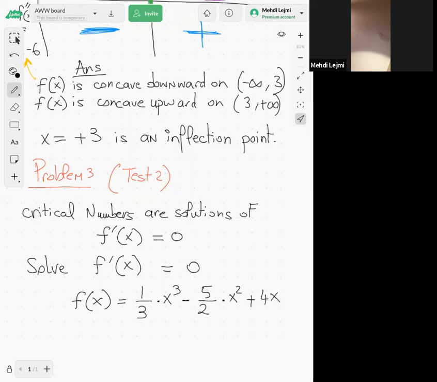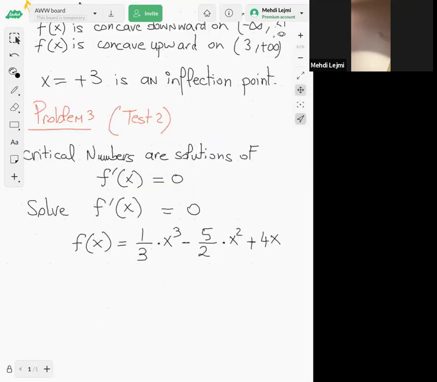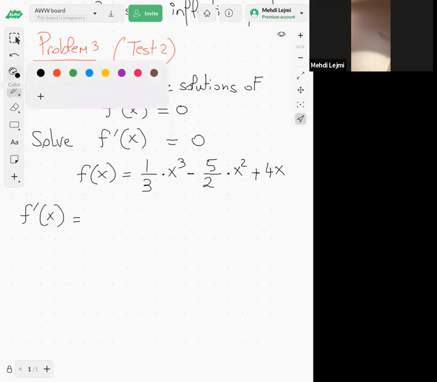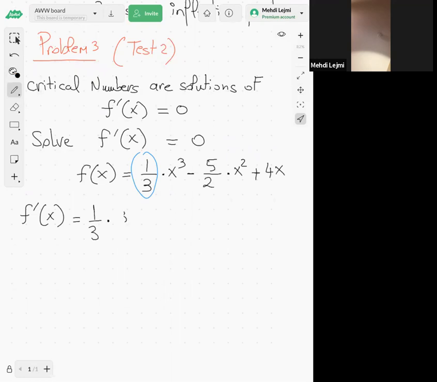So if you compute f prime, this is 1/3 times x cubed. You keep the 1/3, that's your constant, and you derive the x cubed. The derivative of x cubed is 3x squared, minus the same thing, 5/2 times x squared: keep the 5/2 and derive the x squared, so it's 2x, plus 4.